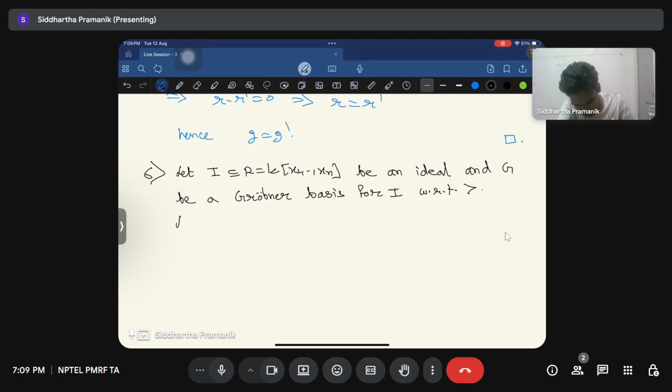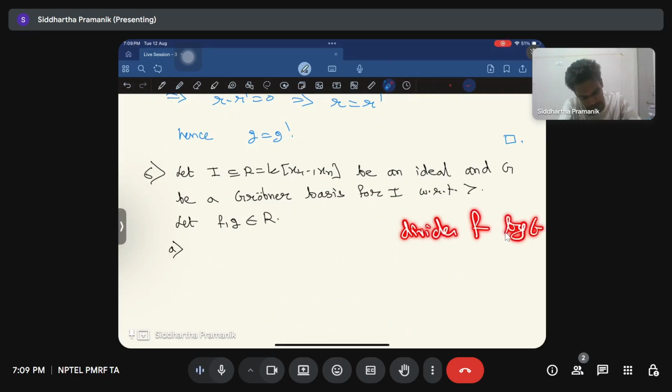Now let f and g be two polynomials in R. Now the first part says, so we know that if we divide this f by this Grobner basis G, then this remainder of f is unique and we denote it by rem of f subscript G. Now let's see some properties of this remainder.